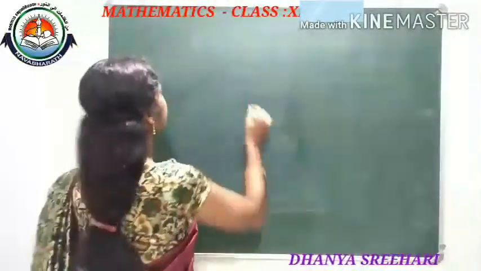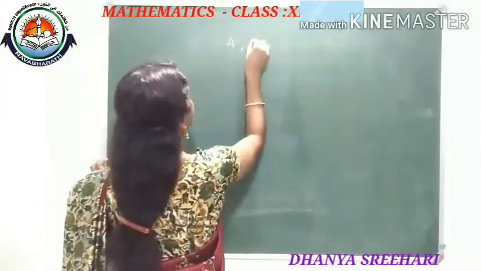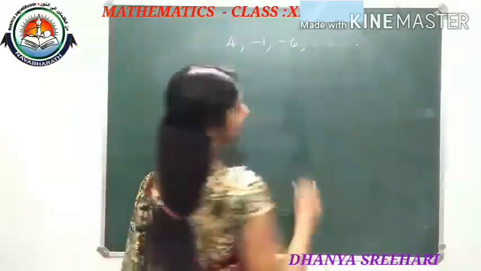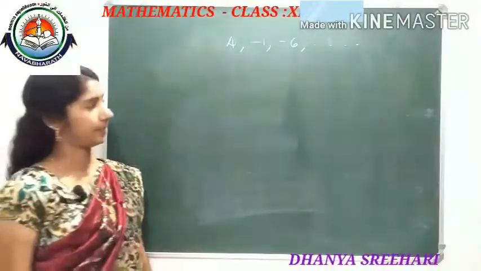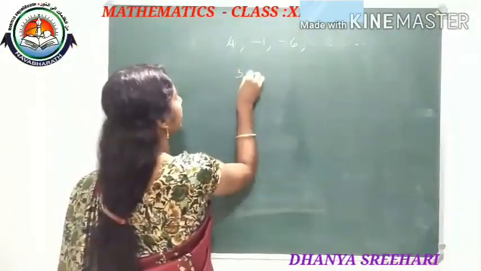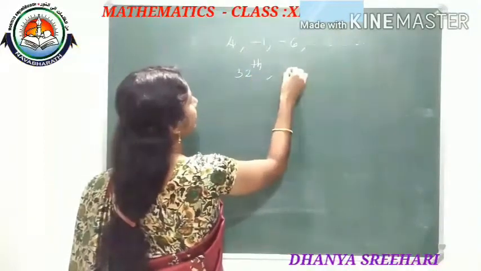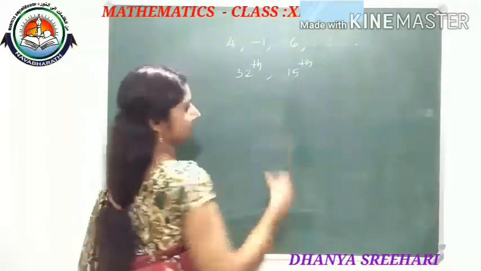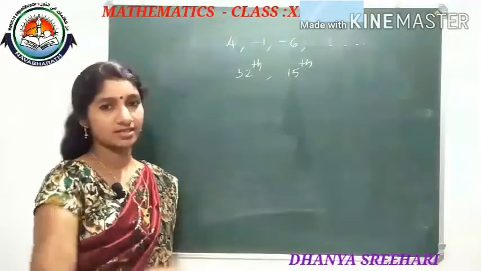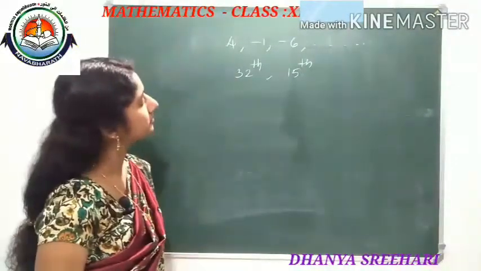See one question. 4, minus 1, minus 6, etc. One AP. We need to find its 32nd term and 15th term. Find the 32nd term and 15th term of this AP. Is it an AP? Check it.